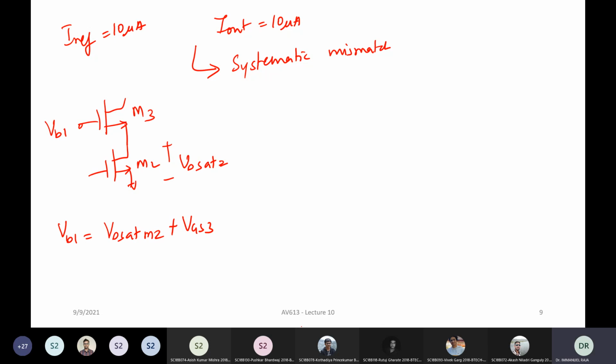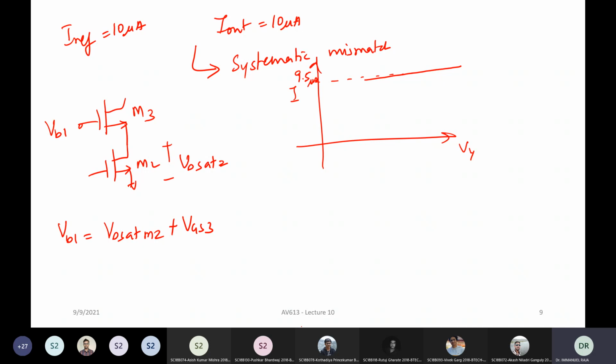If I bias it like this, my output impedance will remain to be good. Okay, so if you plot Vy versus I, you will get a nice, very good output impedance, but then the average value will be different. So if I expect a 10 microamp, I might end up getting only 9.5 microamp, but it's going to be flat with 9.5 microamp.